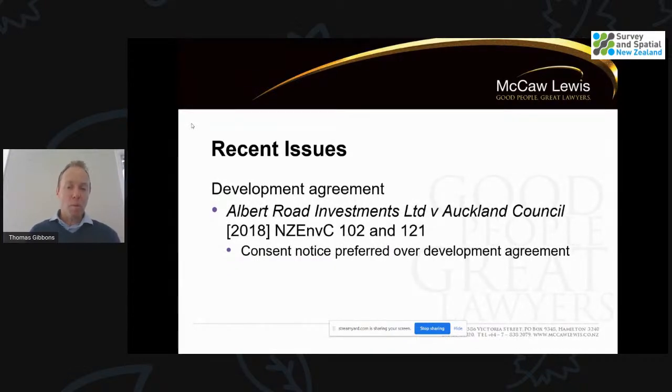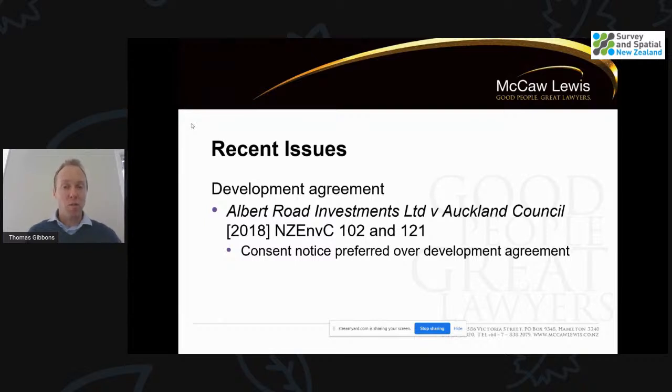Albert Road was another case about development outside the normal rural-urban boundary in Auckland, and a landowner wanted to subdivide one property into two and was suggesting they would put a restriction on the balance land to say that that couldn't be further developed until the planning framework changed.